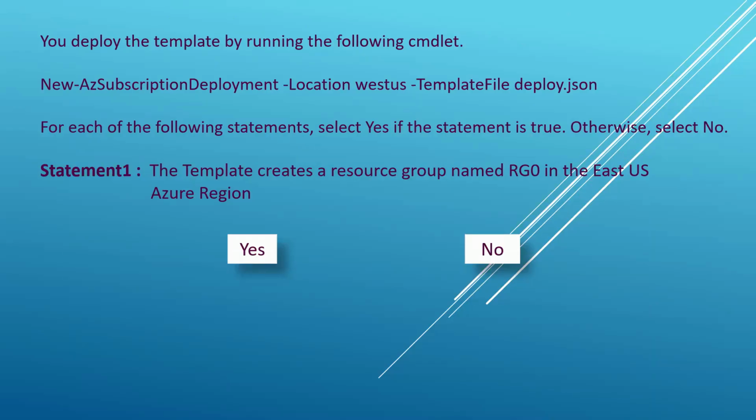And friends, this statement is correct. The template will create a resource group named RG0 in East US Azure region. You might be confused by the West US location in the command being executed, but that is the location where metadata of the deployment is going to be stored.